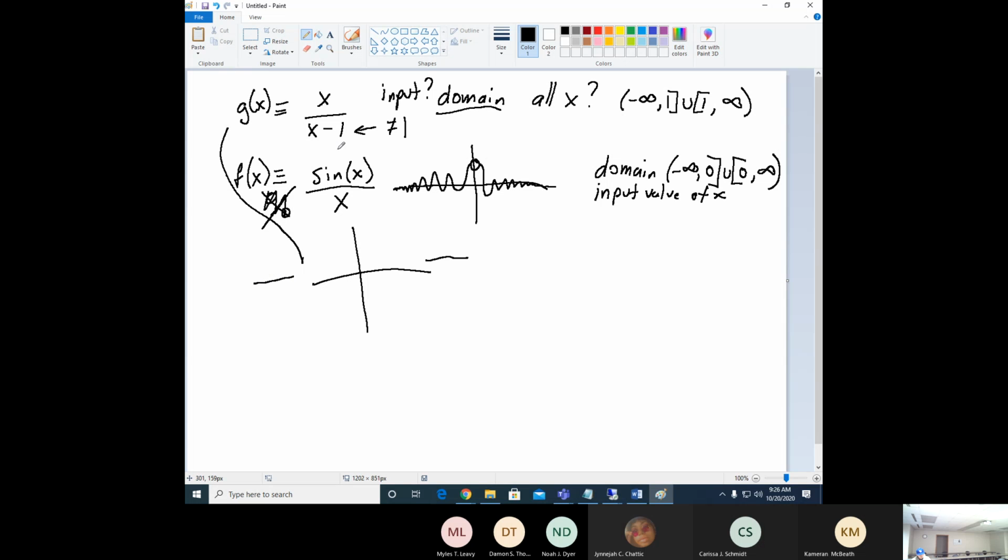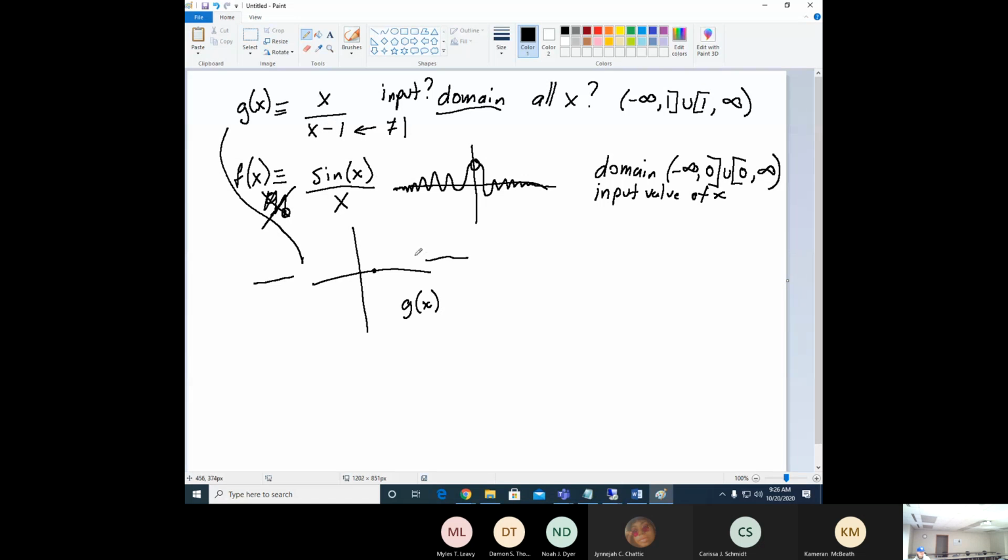But as we get close to the value of 1, right here, interesting things start to happen to g of x. This is g of x. As we get really close to 1, that number at the bottom gets really small. X is still 1, and the very small number is a positive very small number.